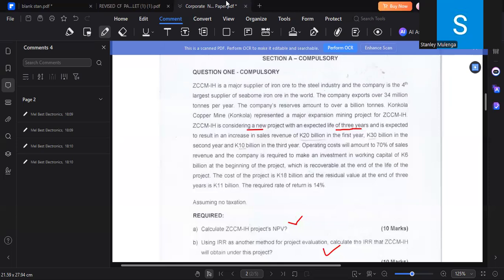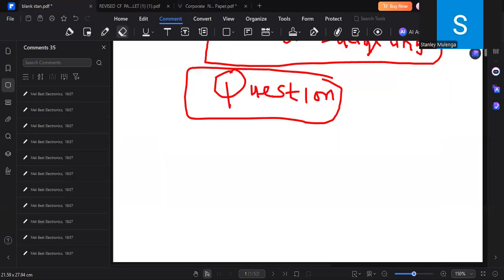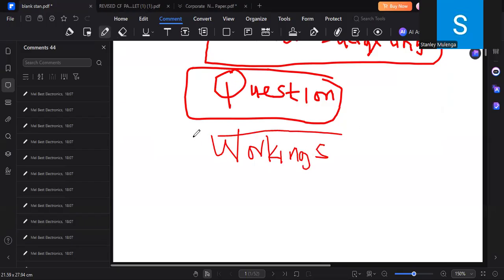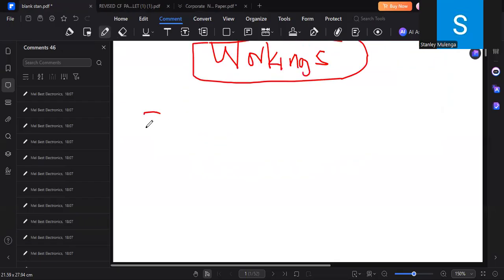So we can start solving now. So we just need to do the workings. So for the workings here, we are going to have sales, year one.